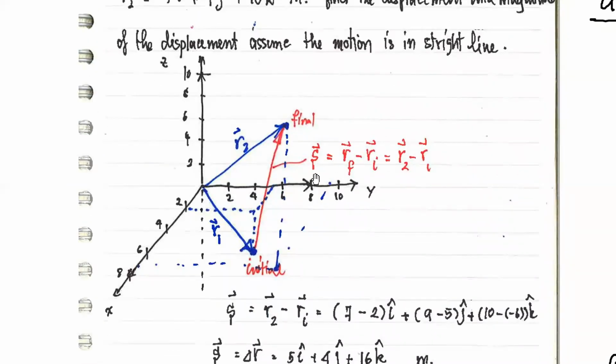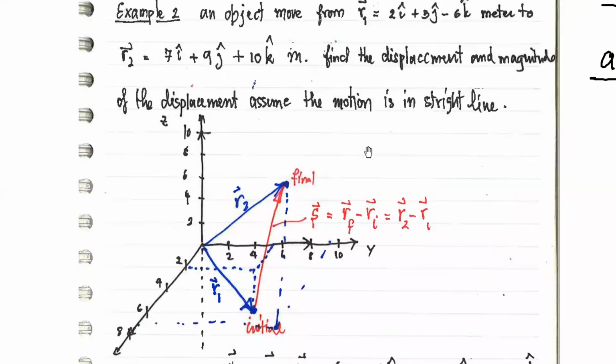So here's the picture. The first one is 2i plus 5j and minus 6k. This is x, this is y, this is the z-axis. So 5j is half here between 4 and 6.